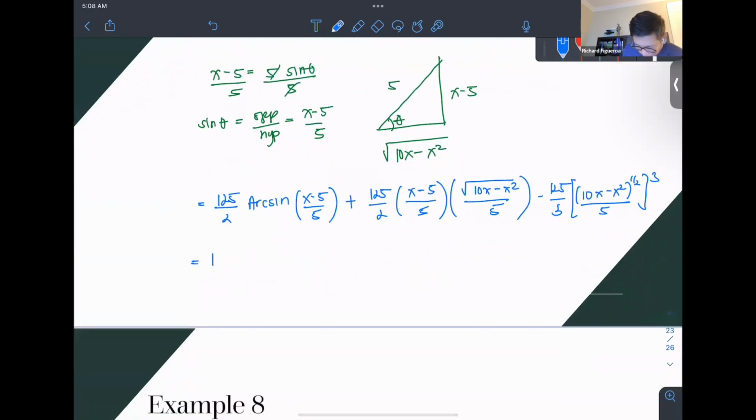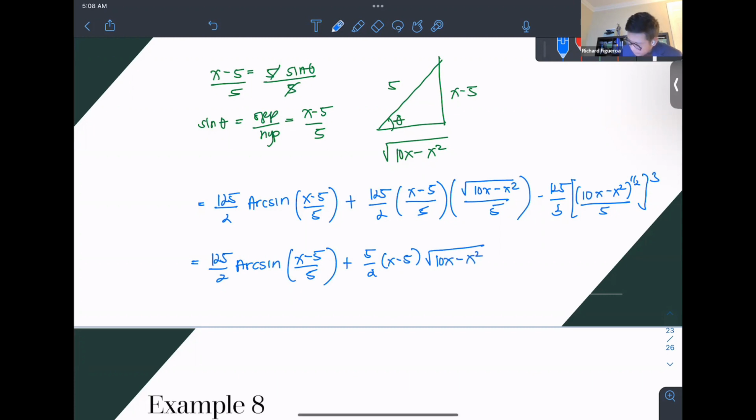So finally, our answer would be 125 over 2 arc sine of x minus 5 over 5. And then plus, 5 times 5 is 25, so 125 over 25 is 5. So it's 5 all over 2 x minus 5 times the square root of 10x minus x squared. And minus, 5 raised to 3 is 125, so the 125 would just be cancelled out.